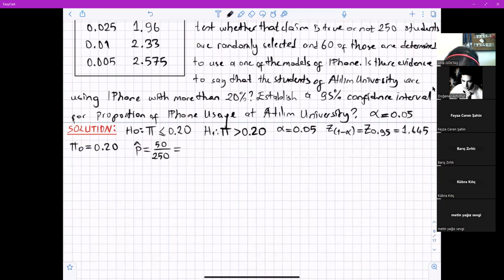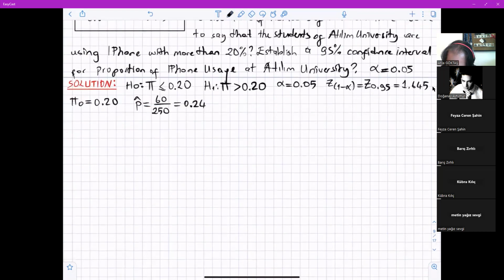So this is 60 divided by 250, which is 0.24. The sample proportion pi hat is 0.24.